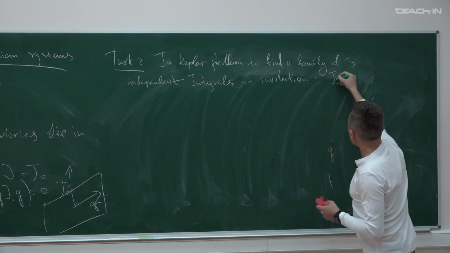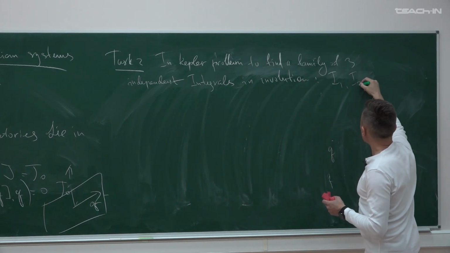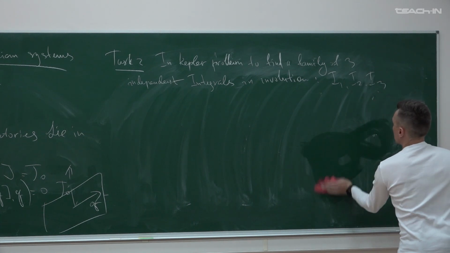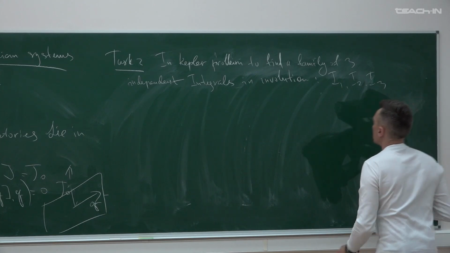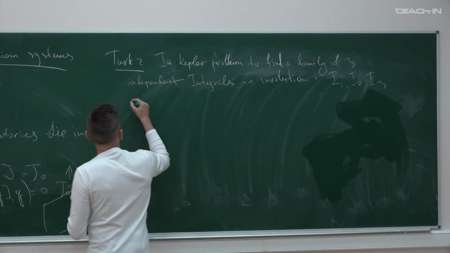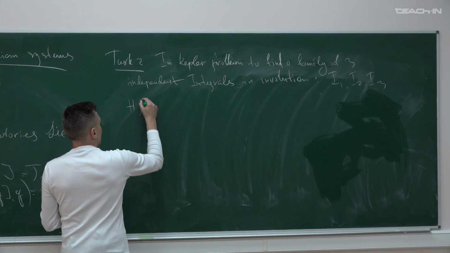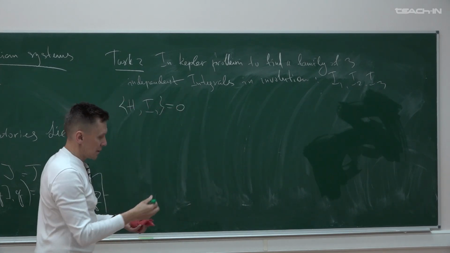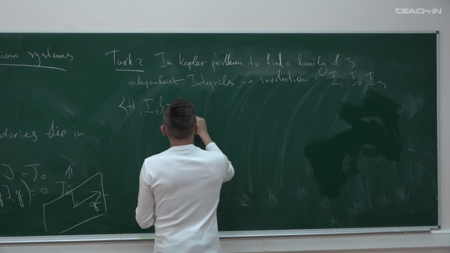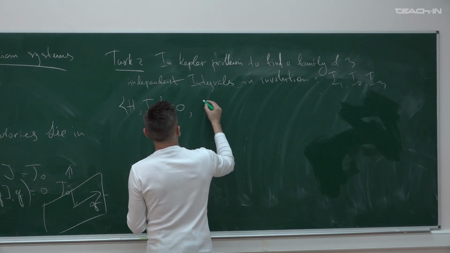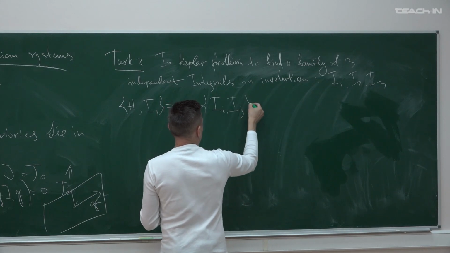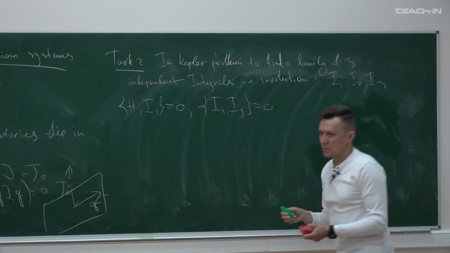It means I1, I2, and I3 such that the Poisson bracket of H and Ii is 0, and the Poisson bracket of the integrals Ii and Ij is also 0.